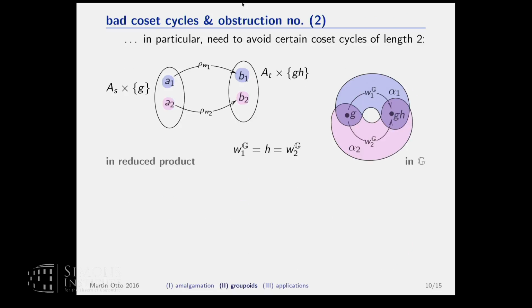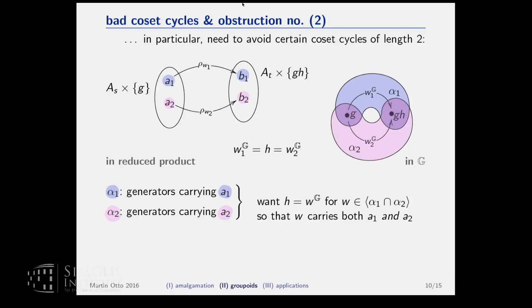Here I have this slightly enlarged, same picture as just now. Right? So think of the bluish part as being a coset here in this space of addresses in the groupoid, a coset that is generated by all those generators that carry the element A1 through all their compositions. And similarly for the pinkish set down here.